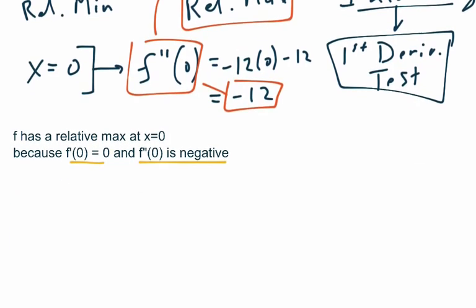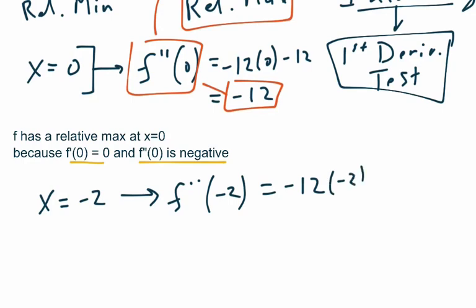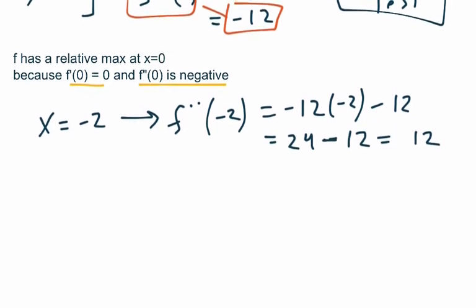Let's do the same for x equals negative 2. We plug that into f double prime of negative 2, which is equal to negative 12 times negative 2 minus 12. Negative 12 times negative 2 is positive 24, and then minus 12 is positive 12, so we have the opposite result here.